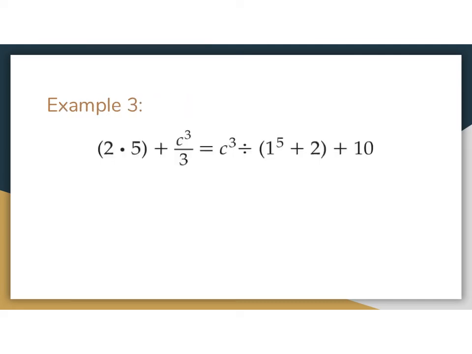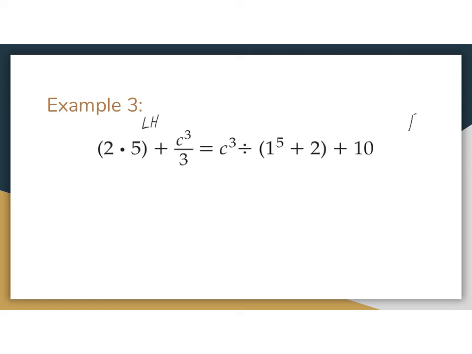Now let's do one more example here. Remember to use order of operations when solving this. So go ahead and try this first in your notebook. Now that you've tried it, I will walk us through it. So I'm going to start with the left-hand side, and then I'm going to do the right-hand side. So left-hand side, we have our parentheses.